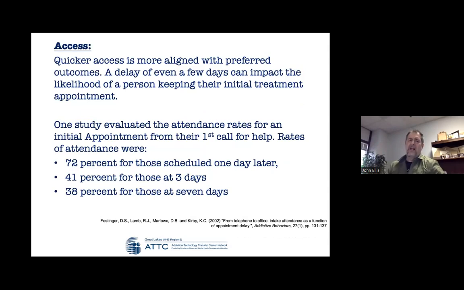So with access, this is just one. If we're looking at something now, there's a group at the University of Wisconsin called NIATx, and it is research and program improvement for behavioral health organizations, and it's housed in their School of Engineering, of all places.